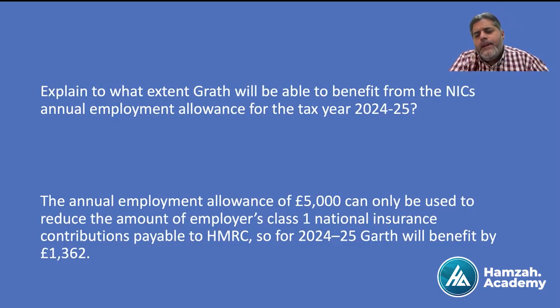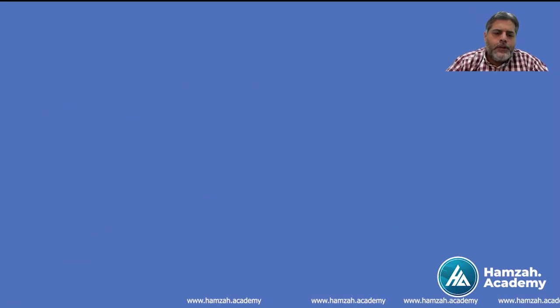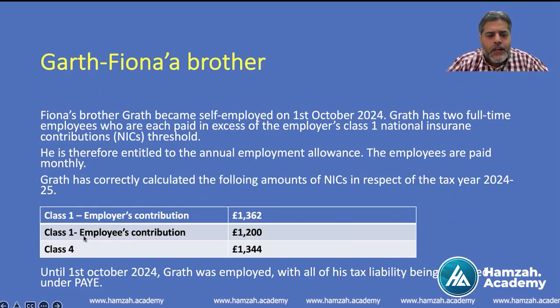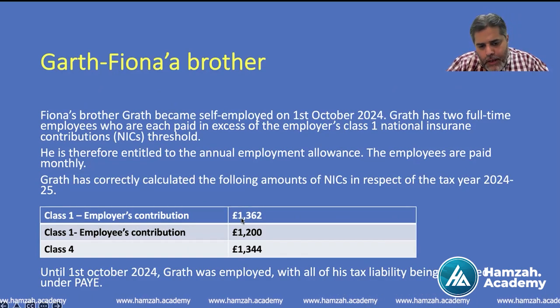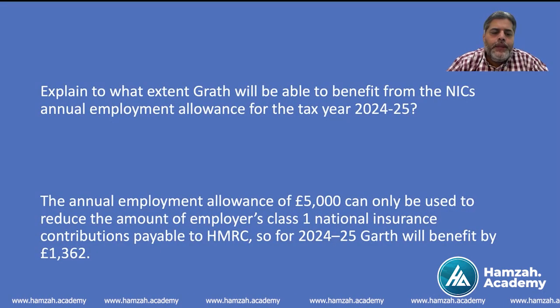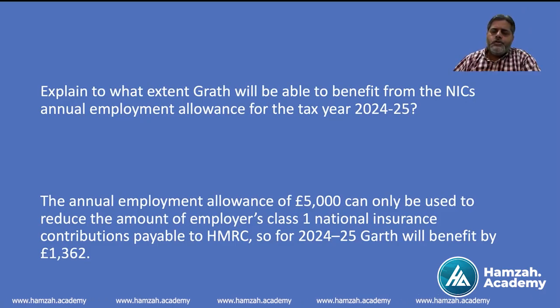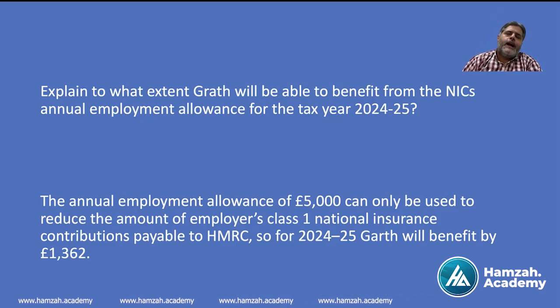So technically, the benefit will be of the 1362. Why 1362? Because if we go back to the question, the class 1 employer contribution is 1362. For this amount he will have a benefit, because up to 5,000 is allowed to him. So this is the 1362 which he had paid as an employer, and for this amount he can get a benefit, right?